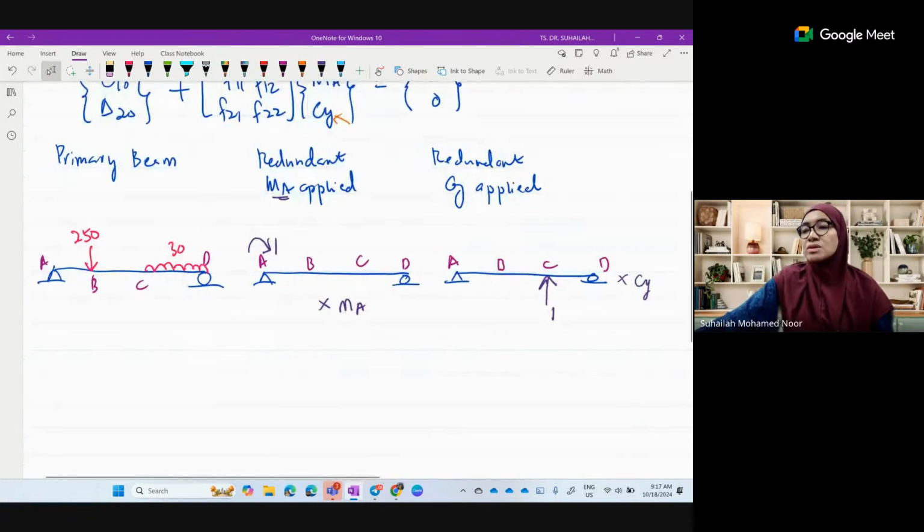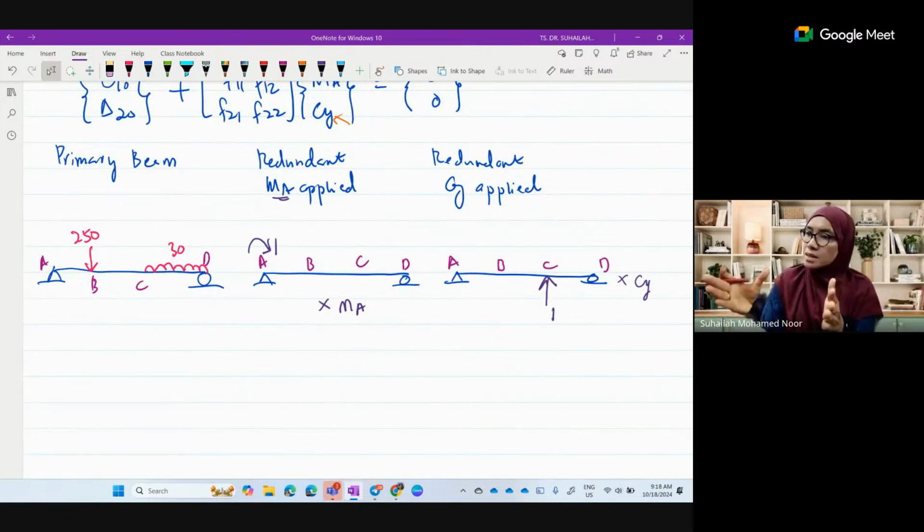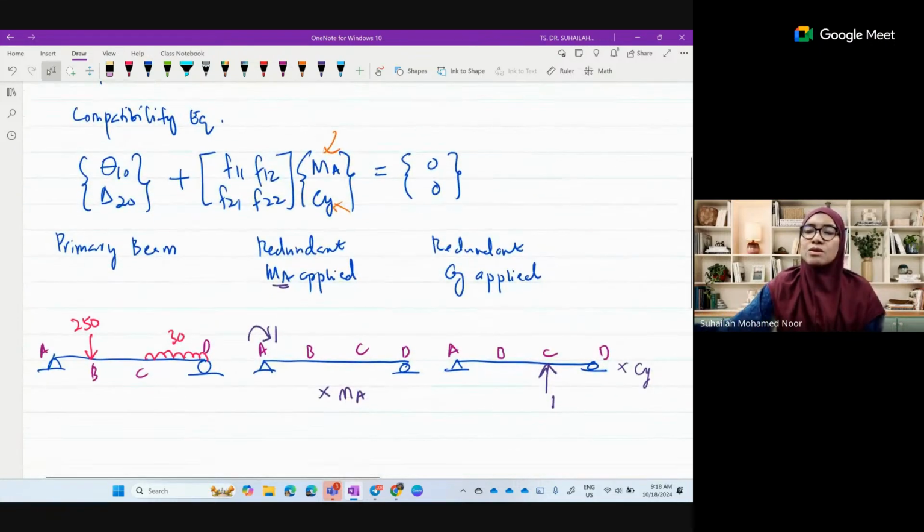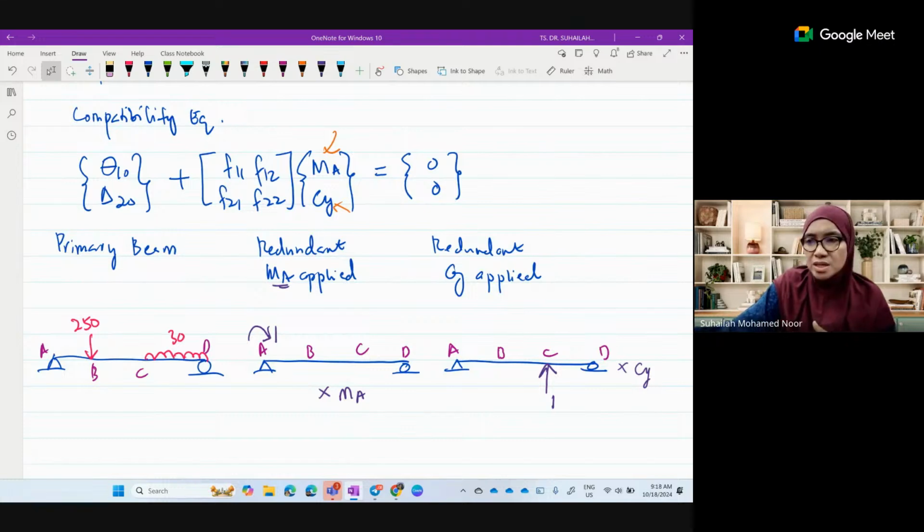Cuma bila kita buat satu-satu, kita tak nampak dia comparison macam ni kan. Kita buat dia ke bawah, kita buat satu-satu kan. Tapi konsep, this is the concept. Okay, means that dalam ni kita tahu yang kita nak fulfill the compatibility equation, dia moment equation.